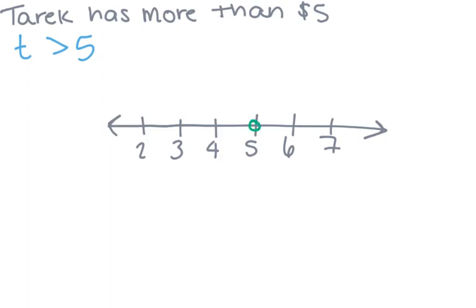However, this is going to be an open circle because it is not equal to. It's just greater than. So that's an open circle. And then we're going to draw our arrow to show that he has more than $5. So he could have $1 million. Who knows? All we know is that he has more than $5.